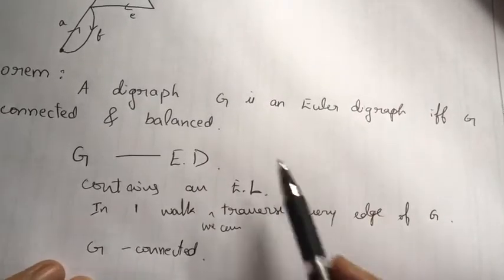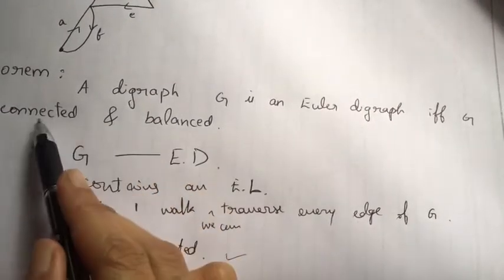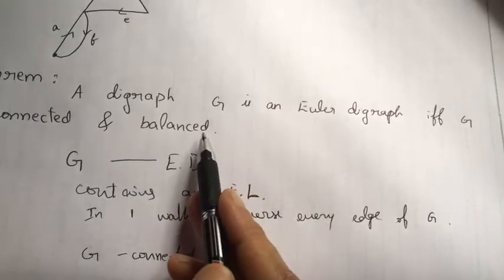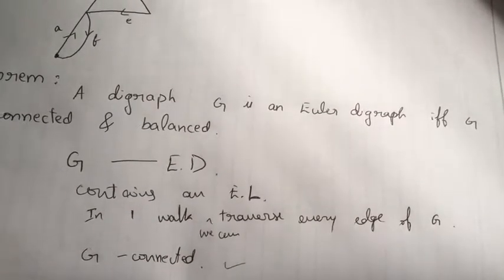So connectedness is over. Then I have to check whether it is balanced or not.